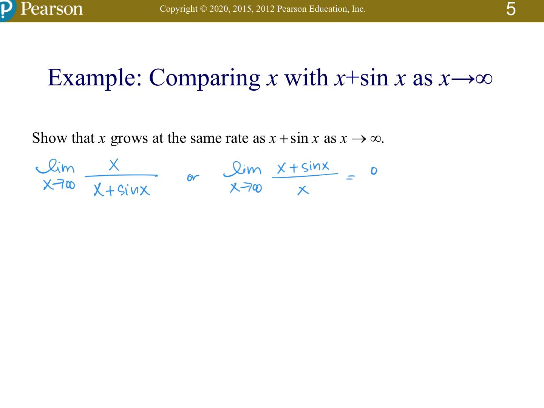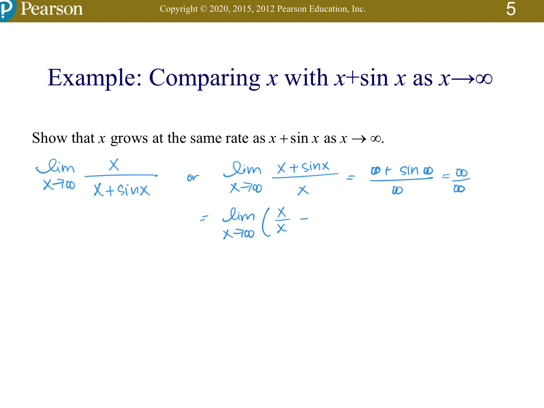This would be infinity plus the sine of infinity, which oscillates between 1 and -1, over infinity. So that is indeterminate. So we want to use either algebra or L'Hopital. Basic algebra helps me out if I just use common denominators.